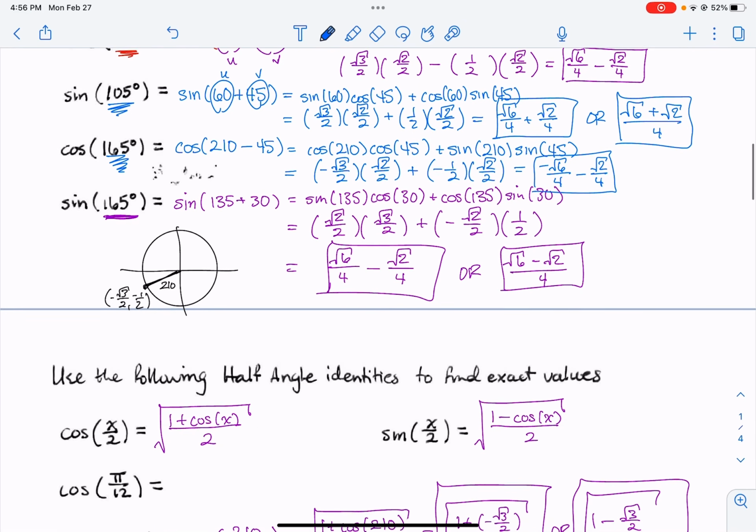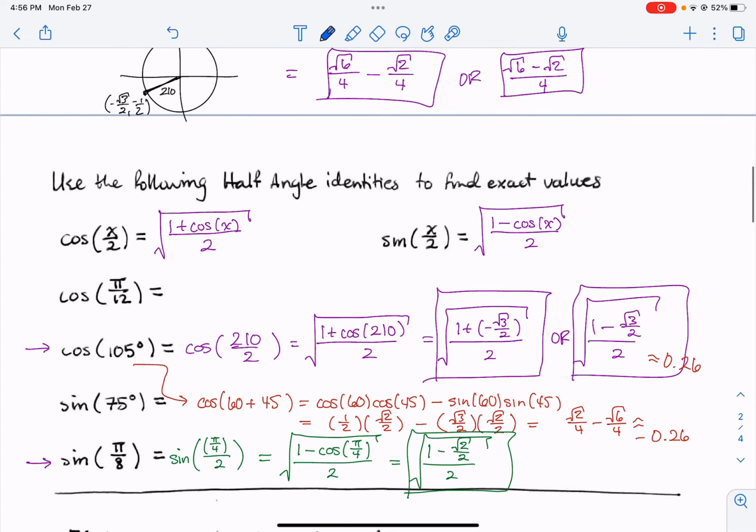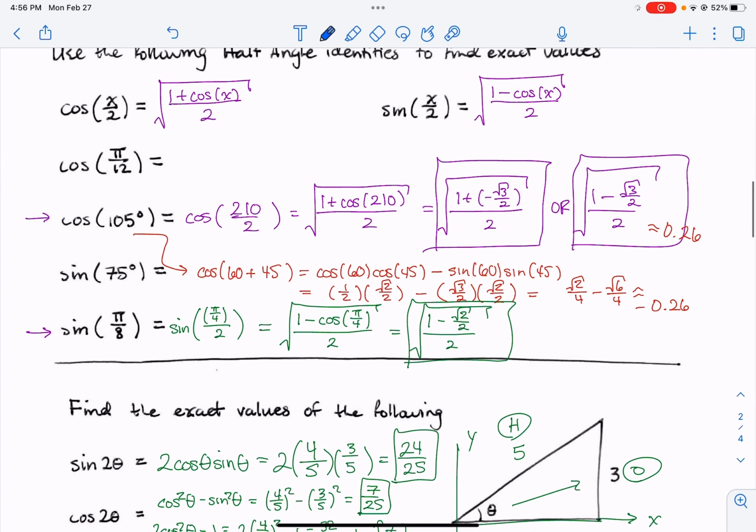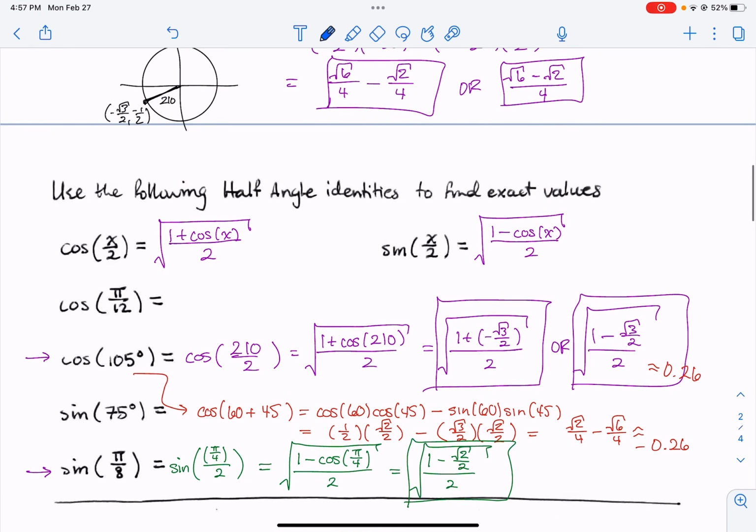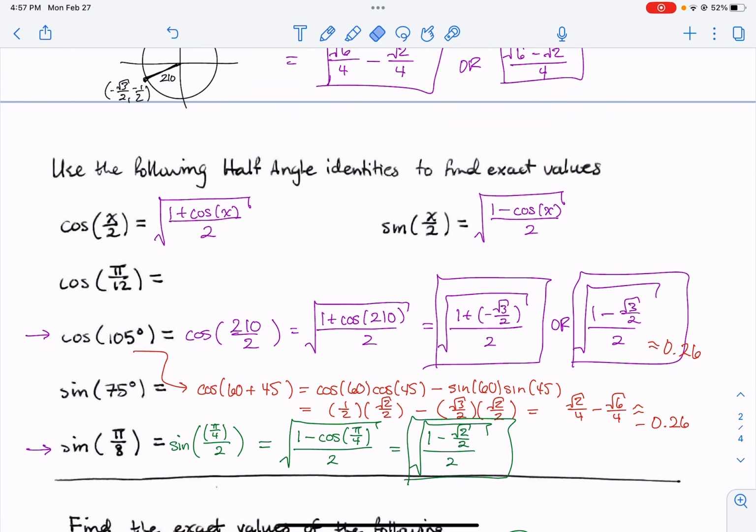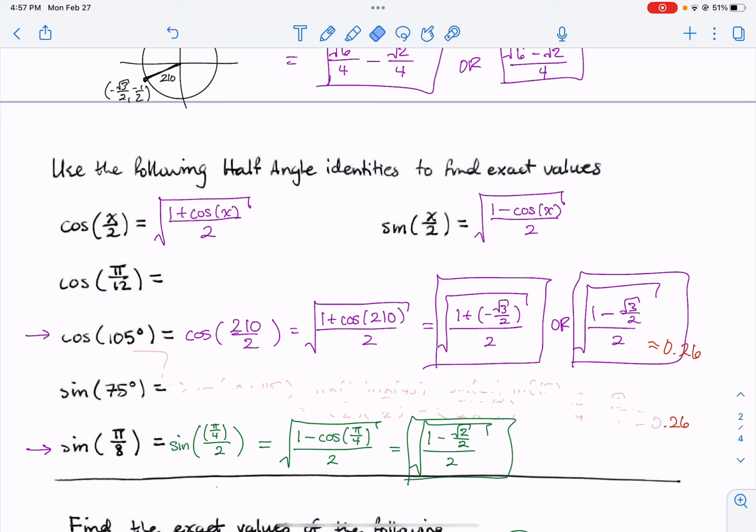All right, let's keep going here. It looks like I've drawn in red on top of another problem. I was just showing an alternative way to do it. So let me get rid of that.